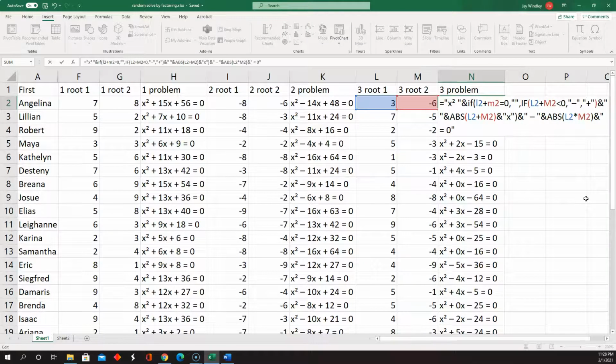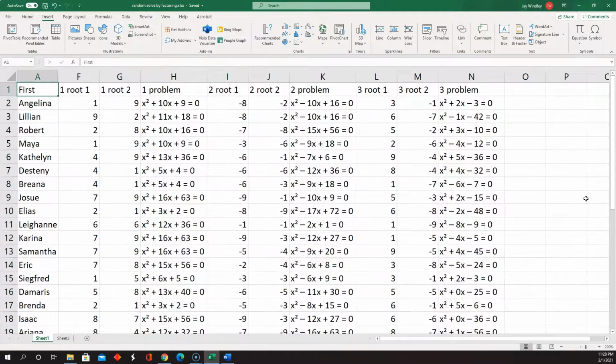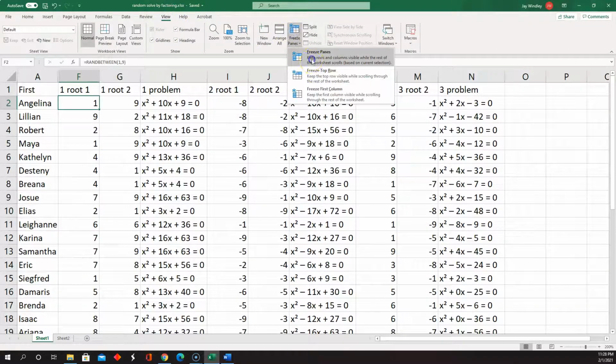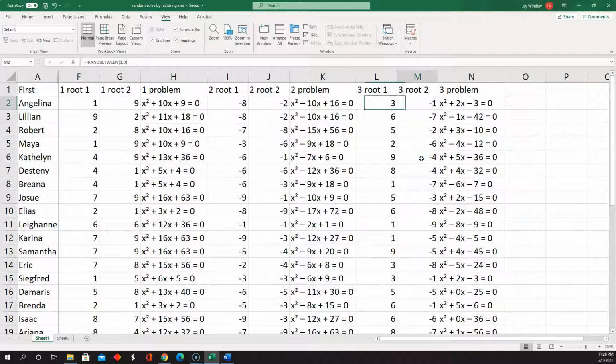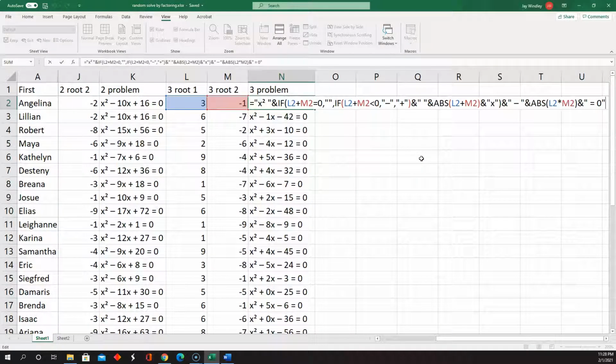So let me hit enter and come over here a little bit more. I need to freeze this so it doesn't scroll off. Okay, so I want you to see this whole formula. So if L2 plus M2 is 0, then we're going to print nothing.